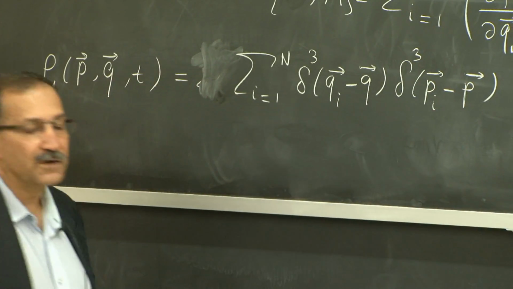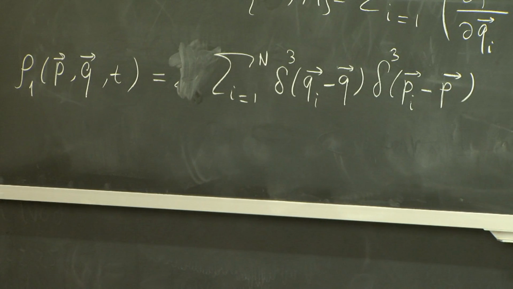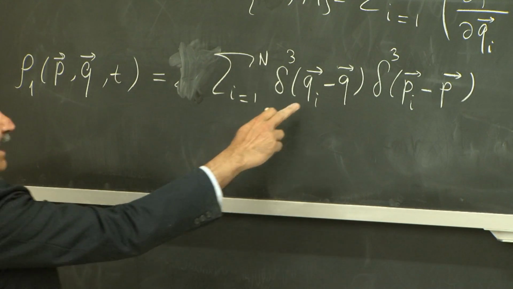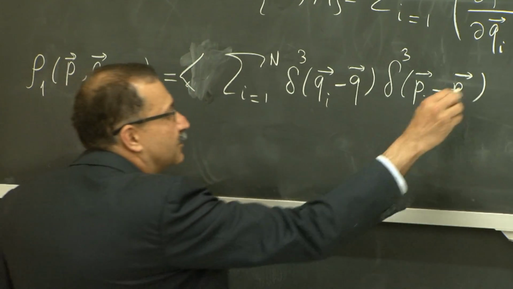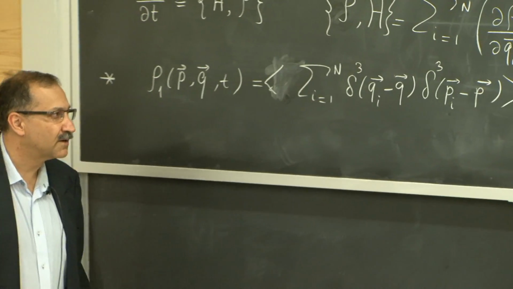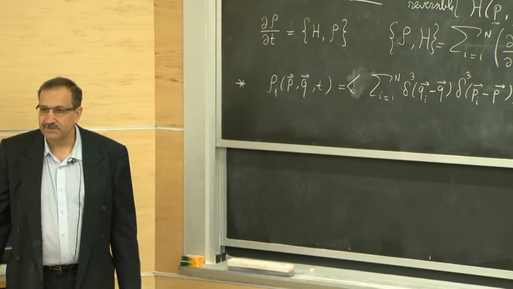So these delta functions are supposed to enforce that. And again, I'm not thinking about an individual trajectory, because I think more or less all of the trajectories are going to behave the same way. And so what I will do is take an ensemble average of this quantity.